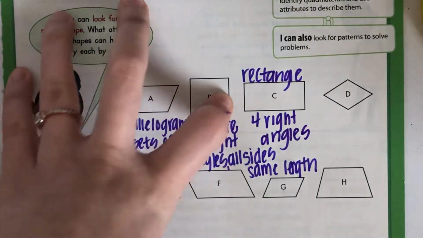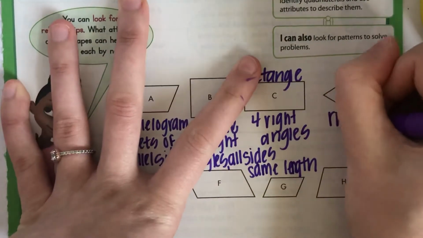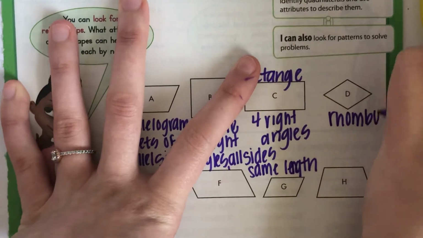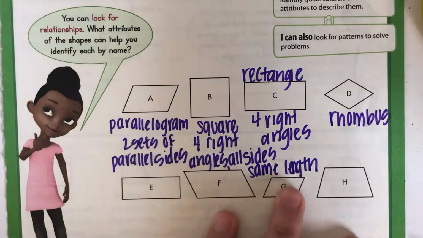The next shape we have a rhombus. Okay, and we know a rhombus, all sides are the same length.